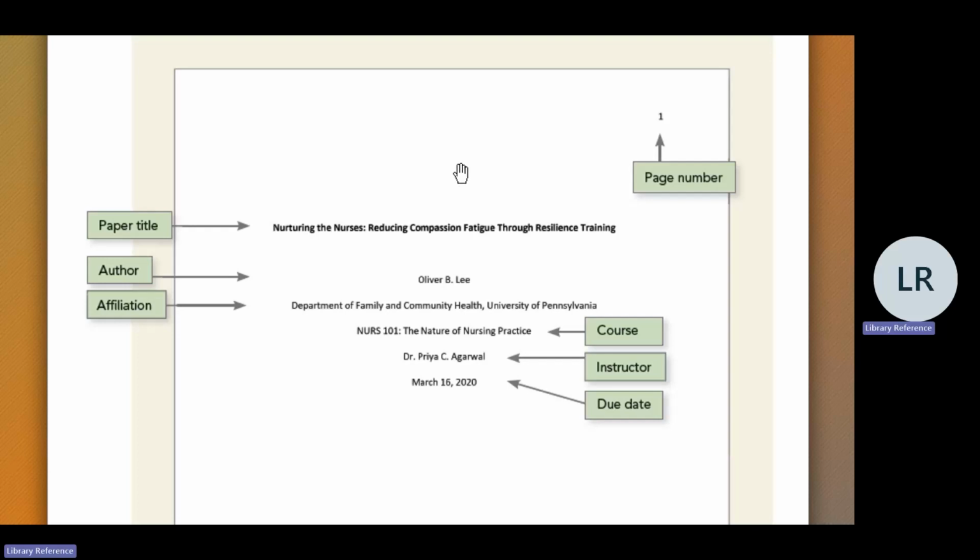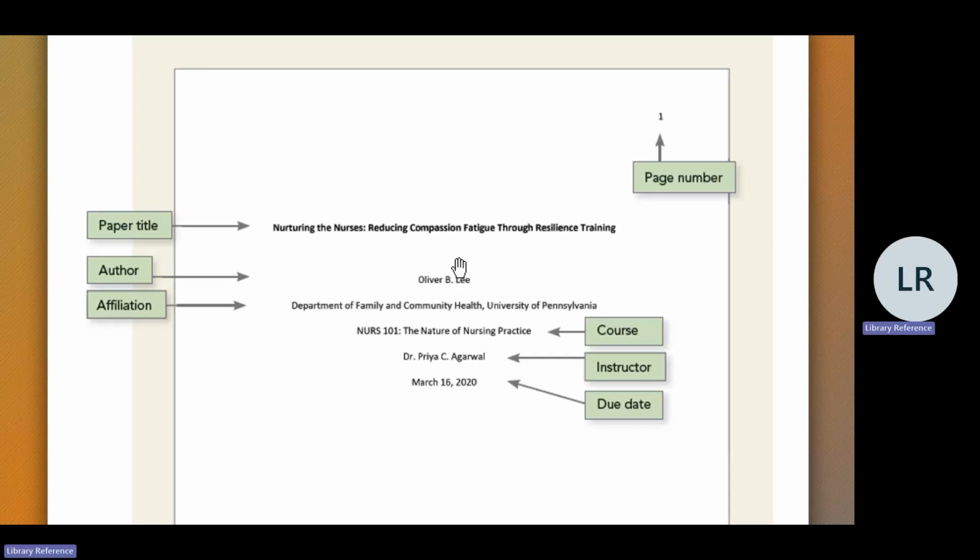Usually 3 to 4 lines are enough, but it always depends on how lengthy the rest of the information on the page is. Then we have the title of the paper. As you can see, it appears in bold letters, and the first letter of every major word is capitalized. This means that we use title case capitalization.